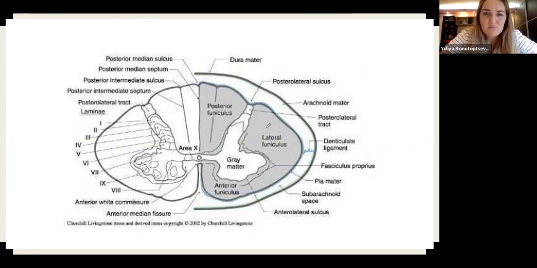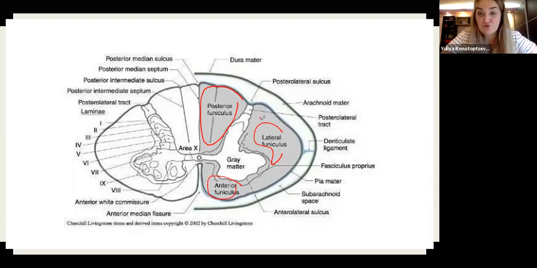So on this picture, we are looking at the functional classification of the spinal cord's gray and white matter. You remember that white matter is organized into the posterior, lateral, and anterior funiculi. Funiculi consist of tracts.